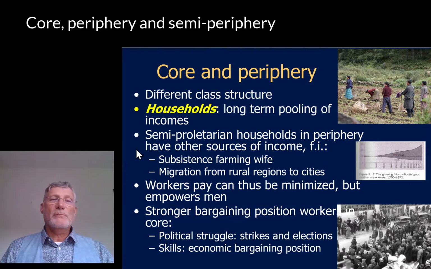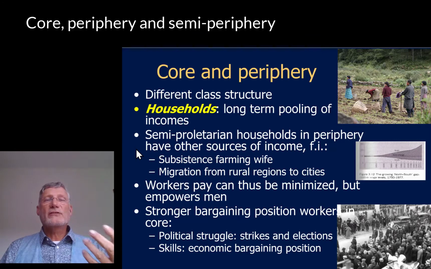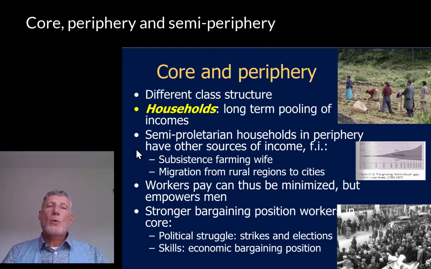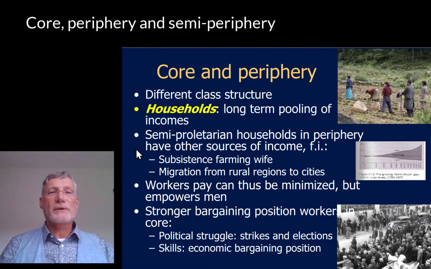But that can also be migration. You can argue that the Chinese migrants from the Chinese periphery to the coastal areas are semi-proletarian households in the sense that their pay is so low because they are raised in a different area where you have a lot of subsistence farming.